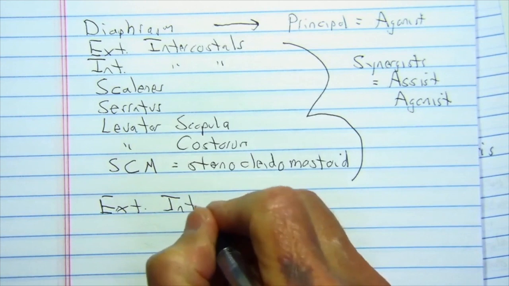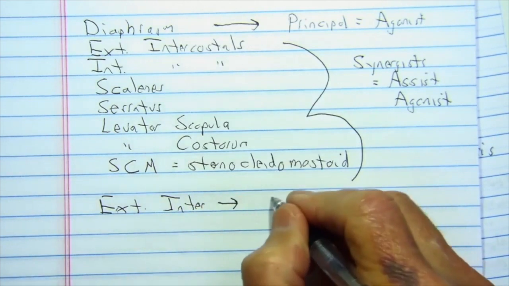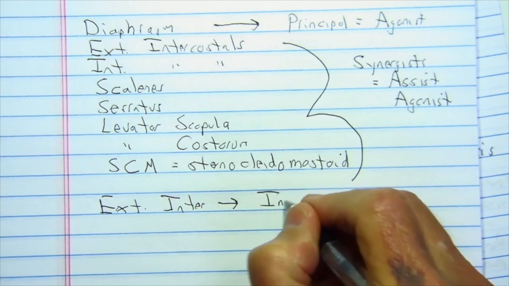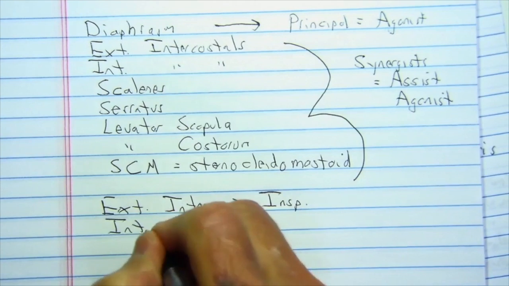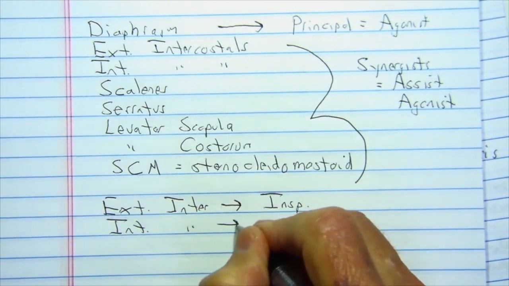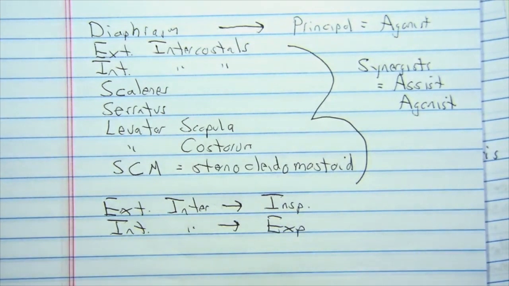I'm just abbreviating inter with intercostals. Remember, the X's are going to be for inspiration, and the internal intercostals are going to be used for expiration. Just remember, X's are in and N's are X.